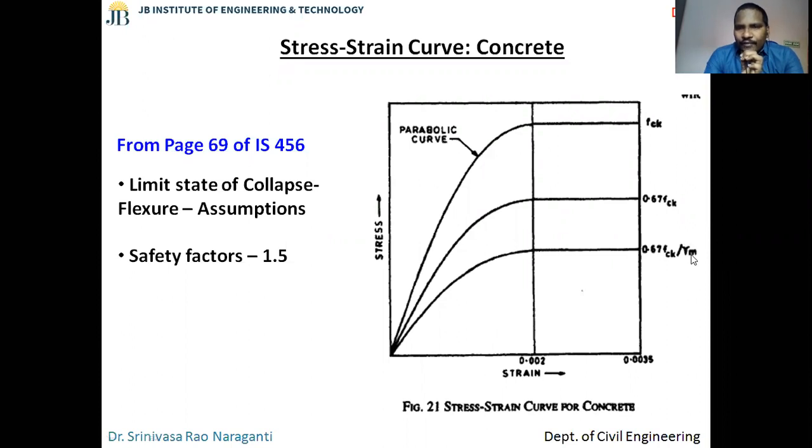We call them partial safety factors because in concrete technology there is the target mean strength, and we can take standard deviation into consideration to take care of all those factors. Instead of using the standard deviation factor here, we use the partial safety factor. I take 0.67 divided by gamma m. Gamma m we take as 1.5 for concrete, so 0.67 by 1.5 becomes approximately 0.4243. Throughout the course we take this value as 0.42 fck. That is the strength of the concrete we take in the design.